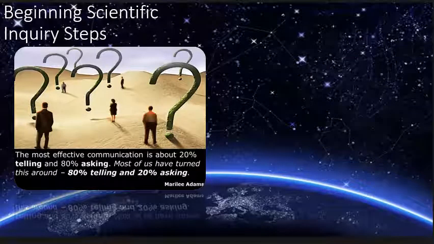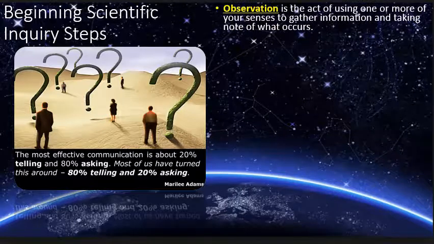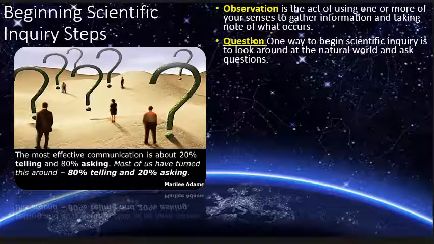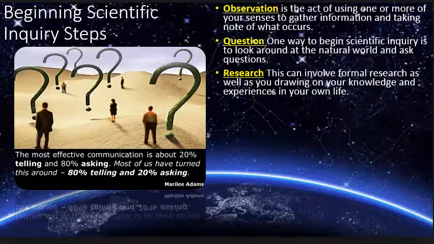Beginning scientific inquiry steps. So when you begin scientific inquiry, the scientific method, you take a few basic steps. Not always in this order, but generally this is the order. So you might make an observation, you might see something, hear something, smell something, whatever, and be like, oh, well, what's that all about? So you ask a question, why or how come or what if, that kind of thing.